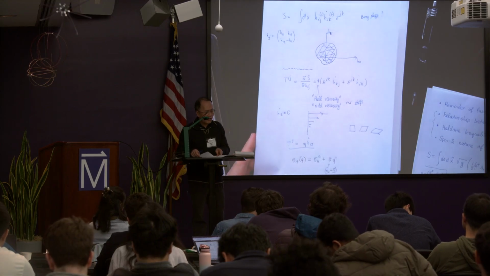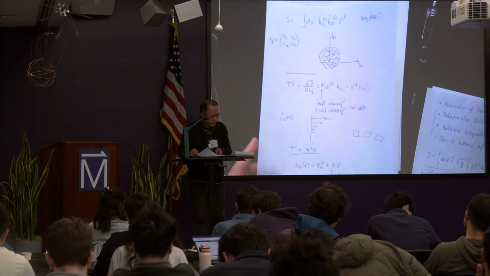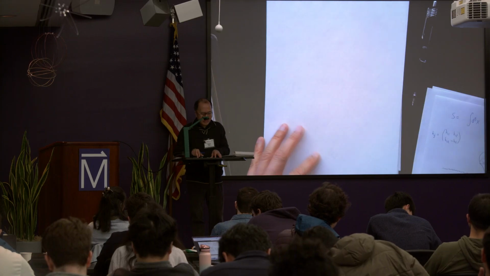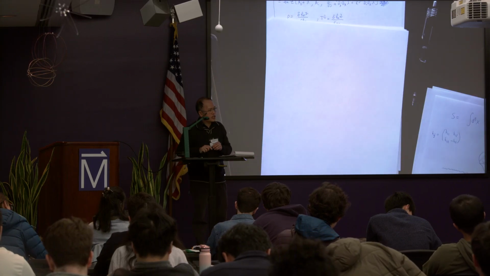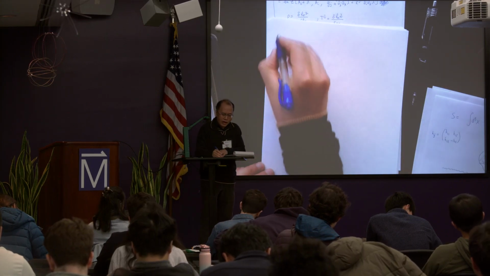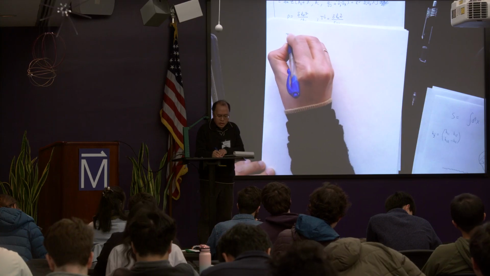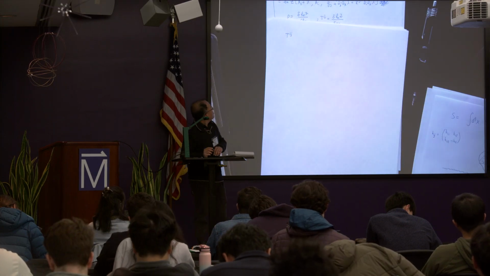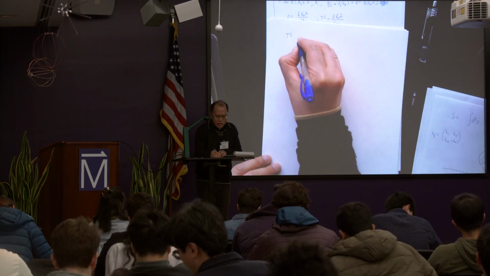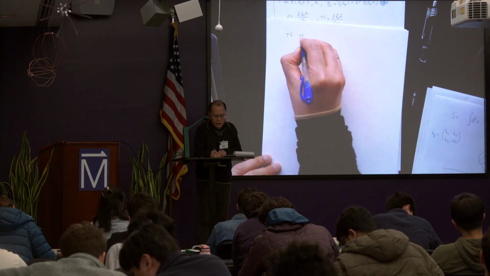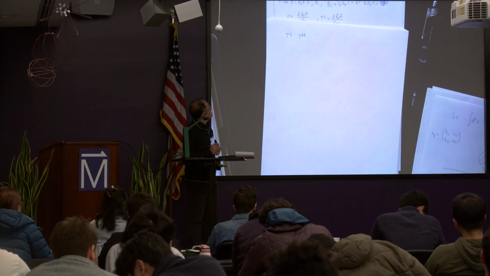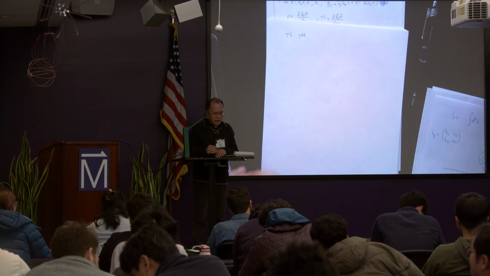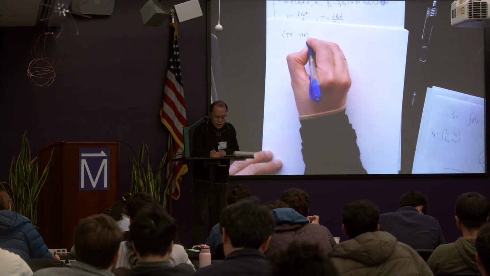So let me formalize this notion of the Hall viscosity as a statement about the 2-point function of the stress tensor. So if I take the stress tensor and compute the 2-point function T_ij T_kl, right? And I can do a Fourier transform.